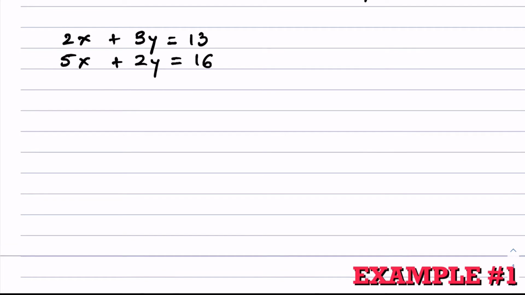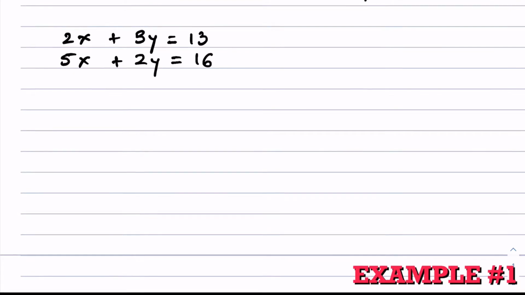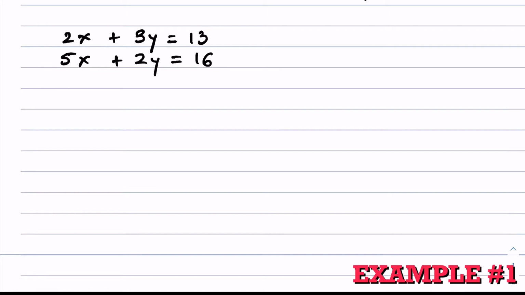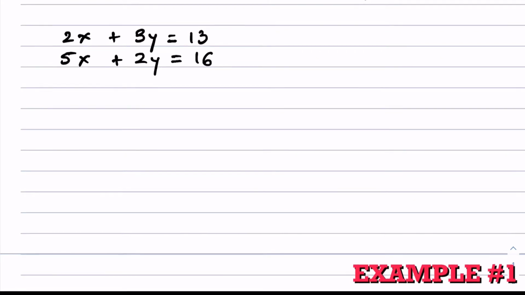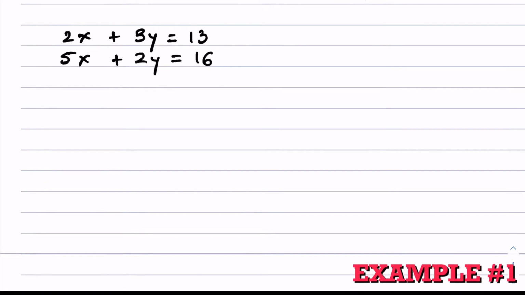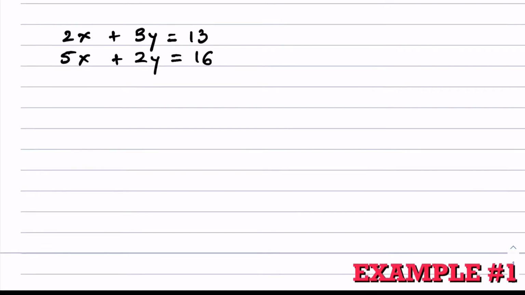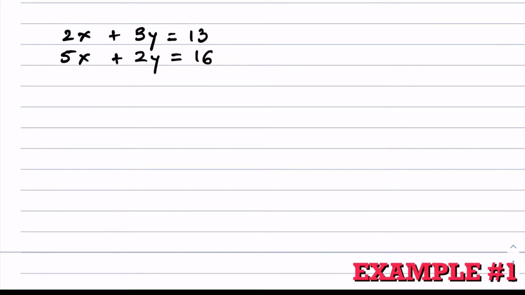What the elimination method says is that you need to eliminate one variable out of the two, and then it becomes one equation of one unknown, and it's easy to find the value of the variable that has been left. We have a choice to eliminate either x or y. In this example, I'll show you how to remove variable y, but the same process applies if you choose to remove x to start with.